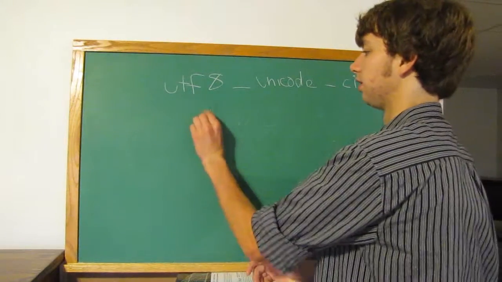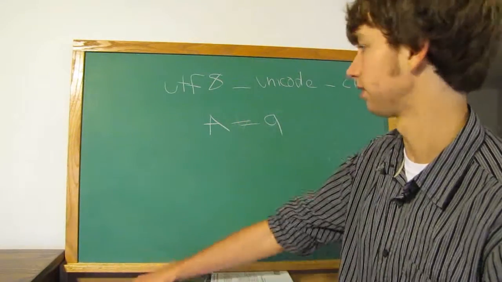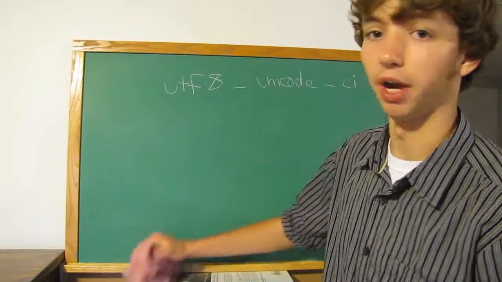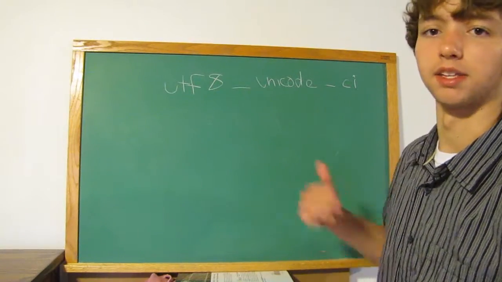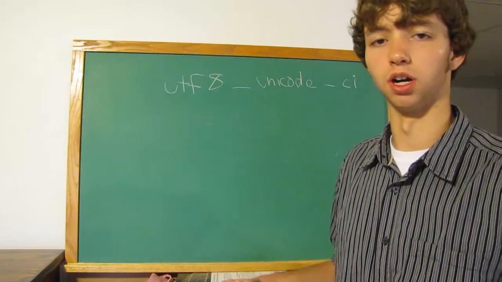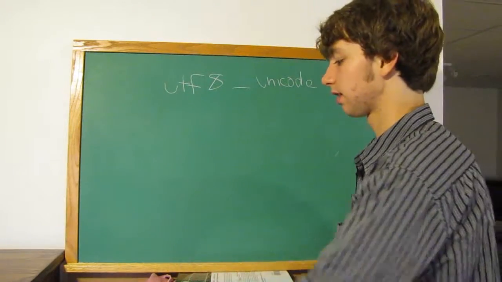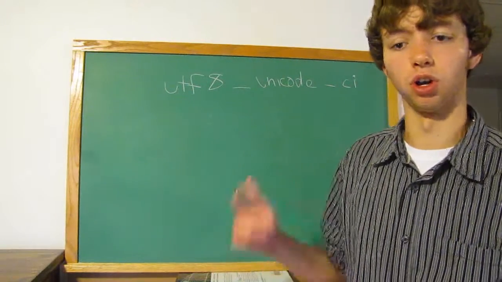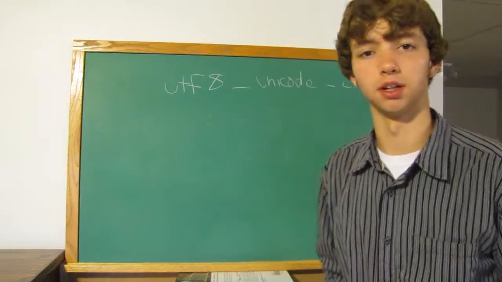So basically, A is equal to a when you're comparing; they'll be equal. Case sensitive means one is greater than the other, or is put first when organized in a list. So that's the basics of collations and character sets.